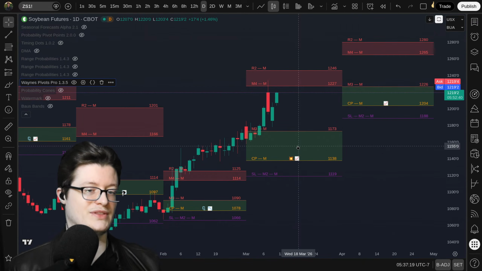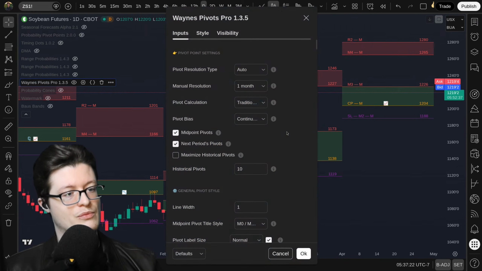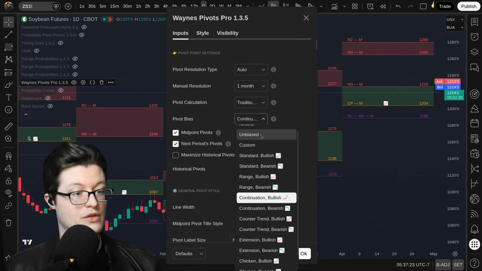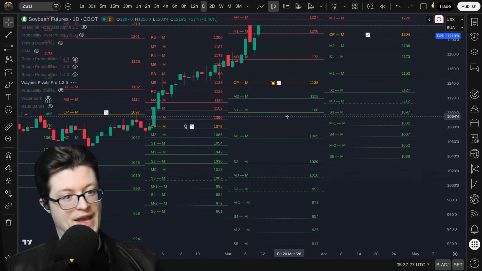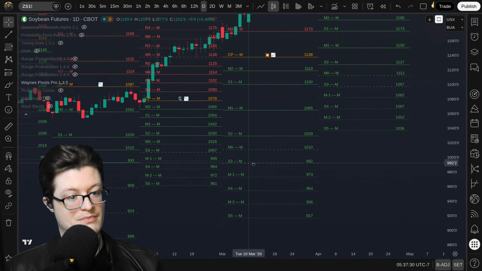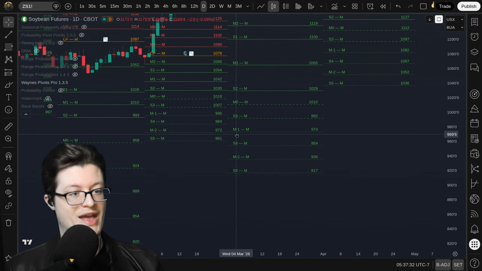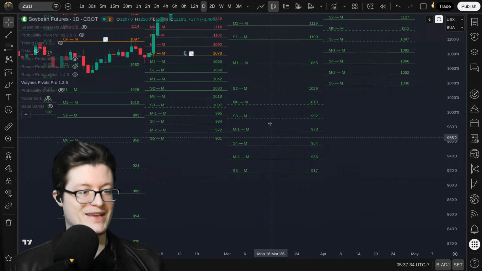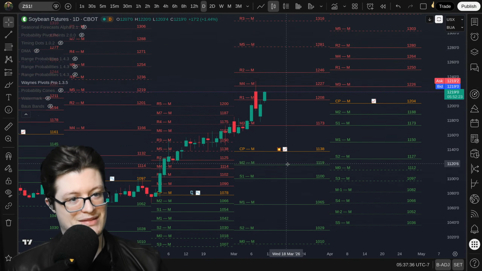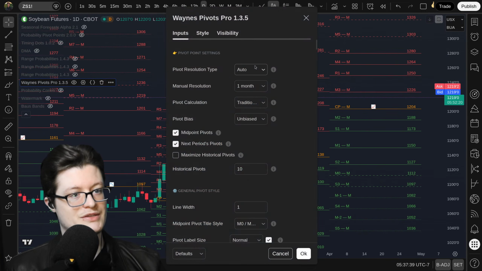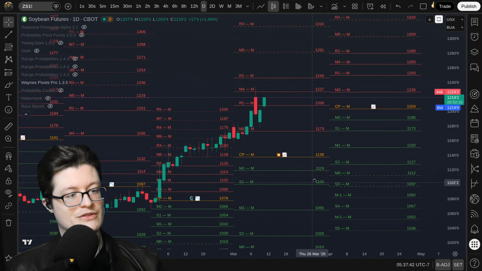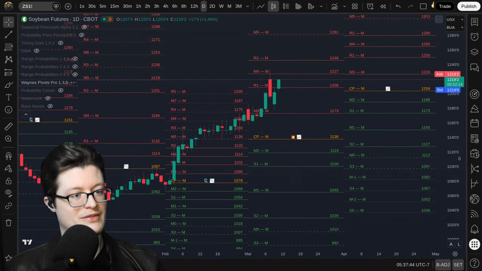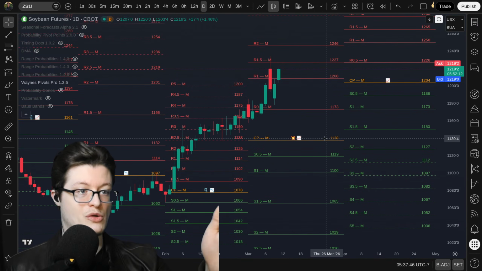But the issue with this styling is if you want to see all of the pivot points with this labeling, and you go down below S3, you're now dealing with M-1, M-2, and it just seems arbitrary to do it that way. It's also a little bit easier for people who are newer, that I found. And also, this is a much older style.